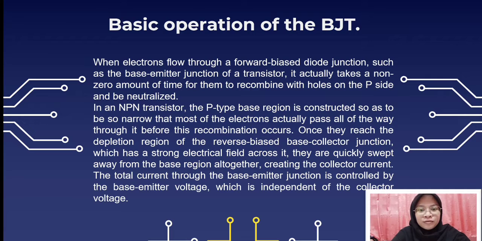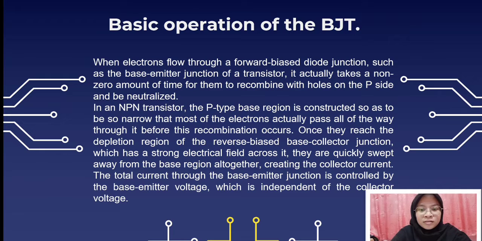Basic operation of the BJT. When electrons flow through a forward bias direct junction, such as the base emitter junction of a transistor, it actually takes a non-zero amount of time for them to recombine with holes on the P side and be neutralized. In an NPN transistor, the P-type base region is constructed so narrow that most of the electrons actually pass all the way through before this recombination occurs.